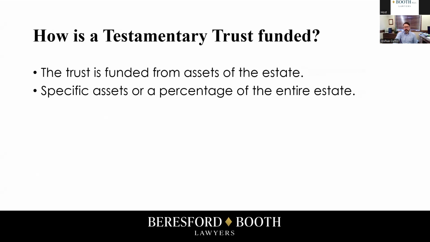It could be a home. It can be cash. It could be all types of different assets. And the trustee is able to sell that asset, buy a different asset, do things that they need to do. But typically, you try to fund the trust with assets that are going to be the most useful for the trustee to deal with and to achieve the goals of the trust.